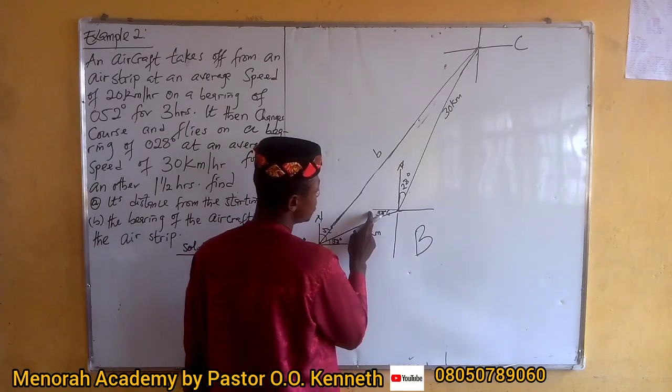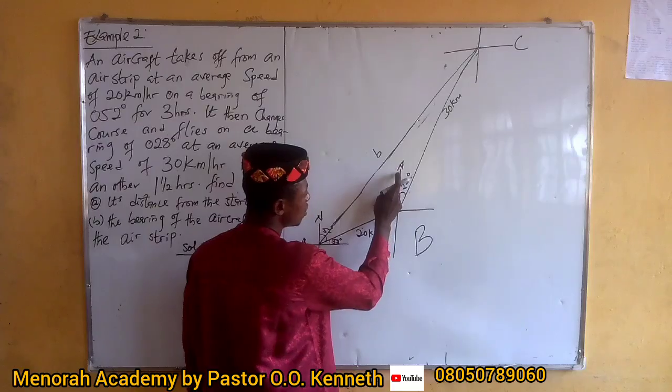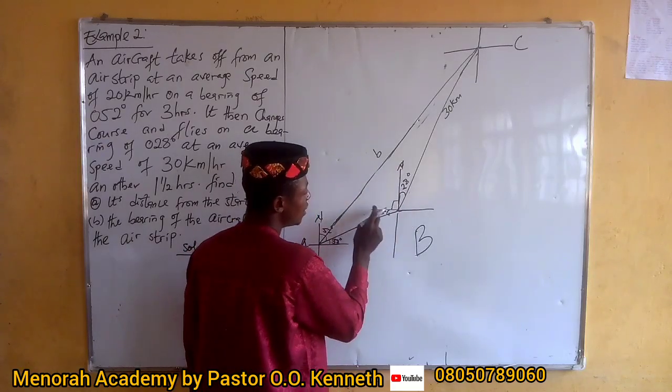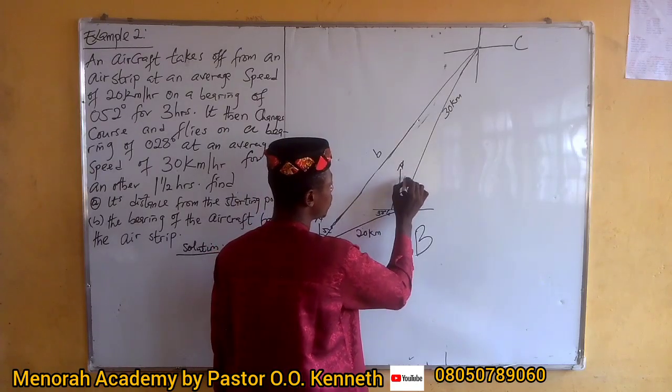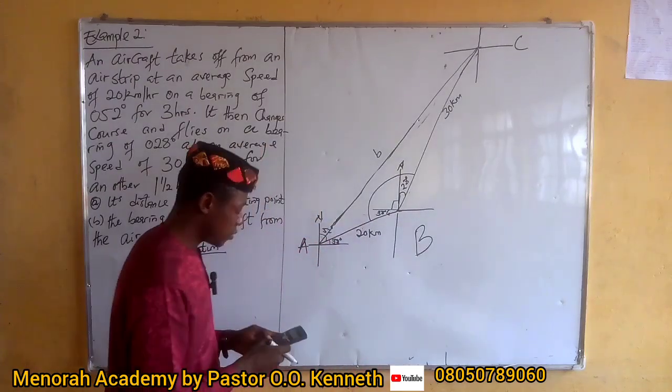If here is 38 degrees and here is 28 degrees, then this is a full quadrant, 90 degrees. So 38 plus 90 plus 28 will give us this particular angle. Let me make it big so that you see it.